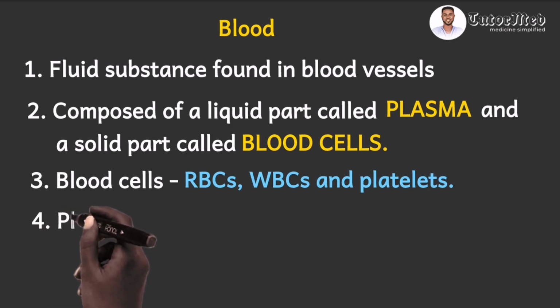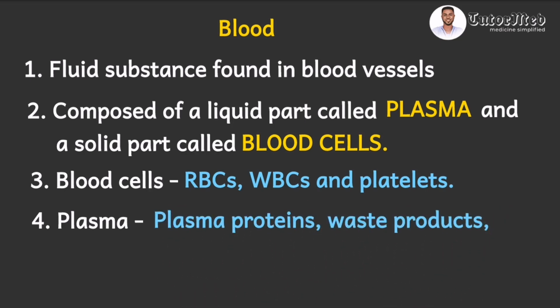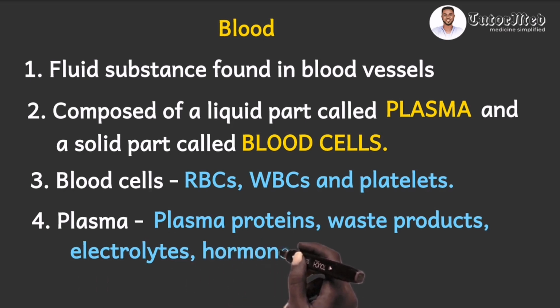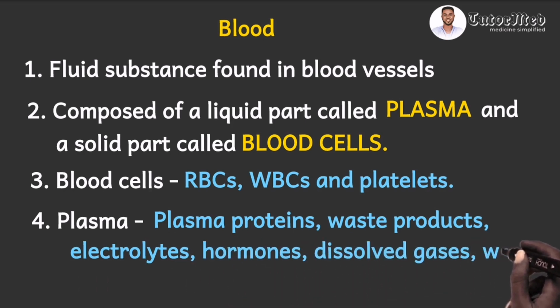Then, like we said, the plasma is the liquid part of the blood. It contains plasma proteins, waste products like urea, creatinine, drugs, and the metabolites of drugs. It contains electrolytes like sodium, potassium, phosphorus, and chloride ions. It contains hormones, like thyroxine and insulin.